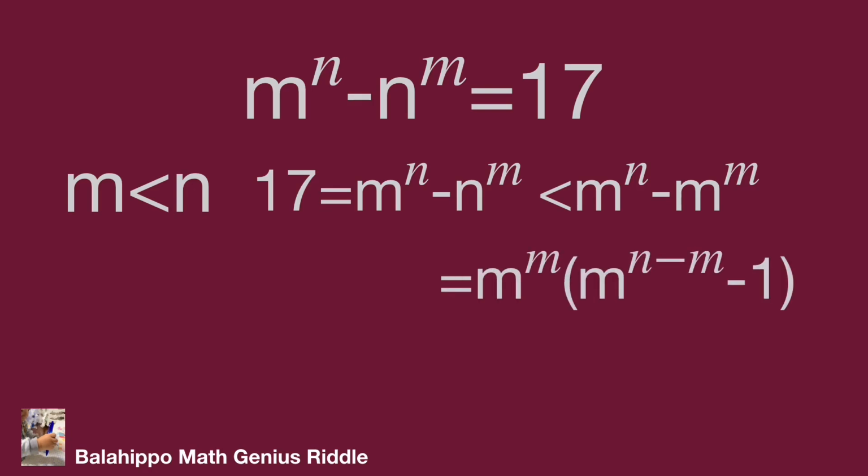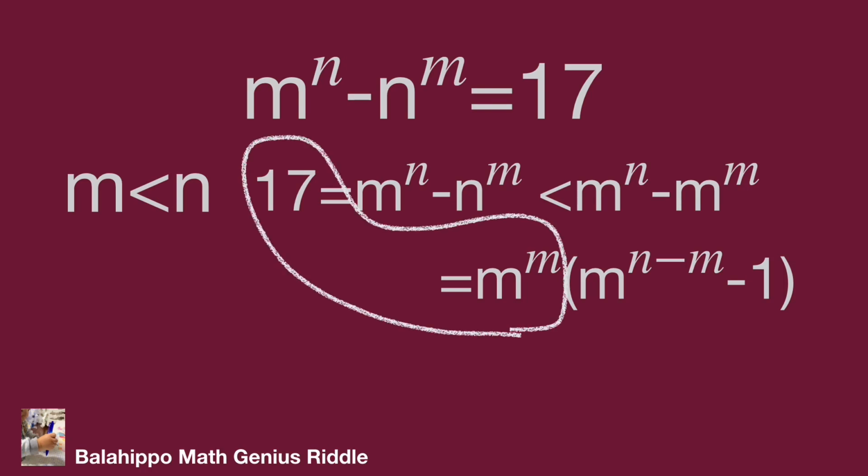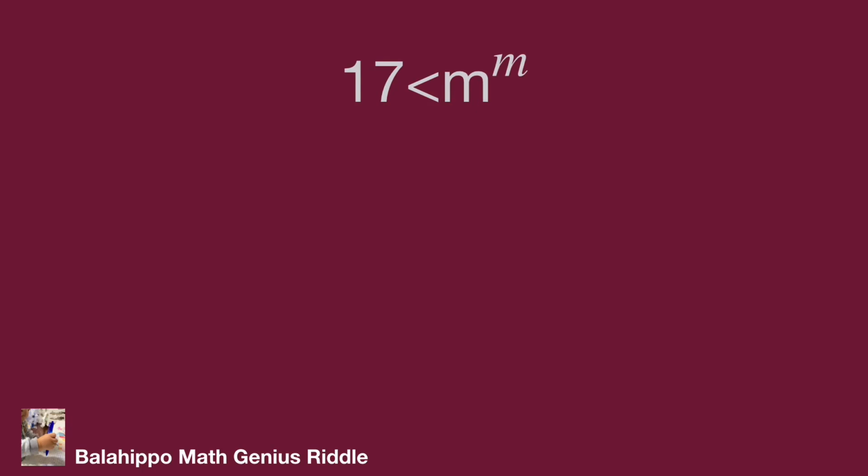And since that bracket is larger than 0, we compare m to the power m and 17. We get 17 less than m to the power m.